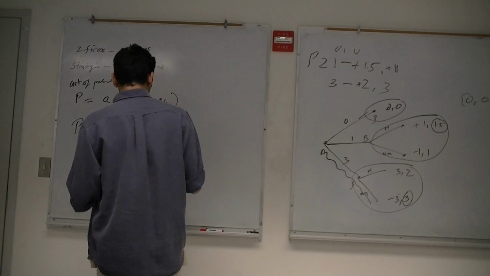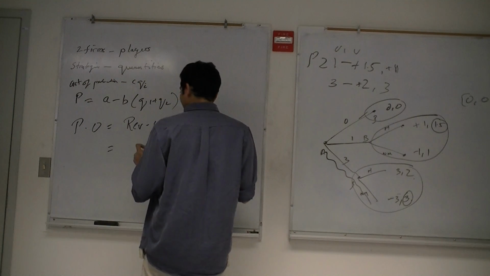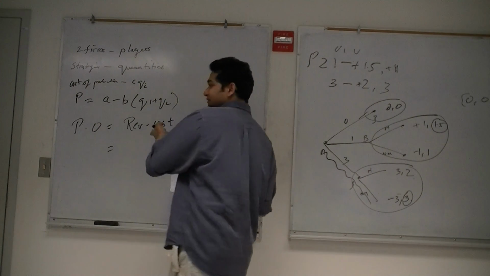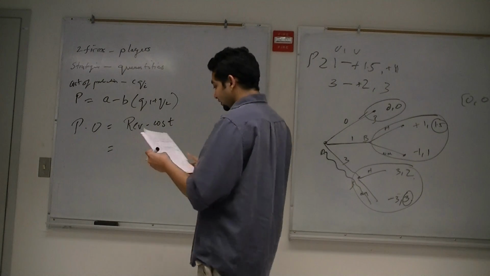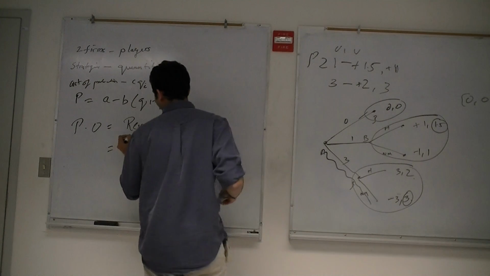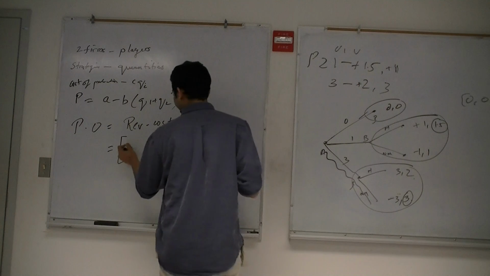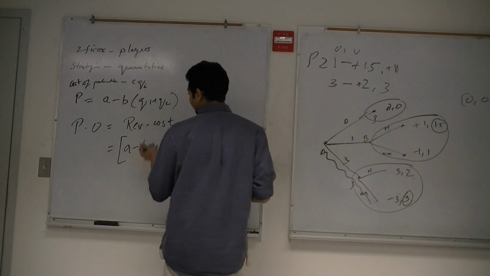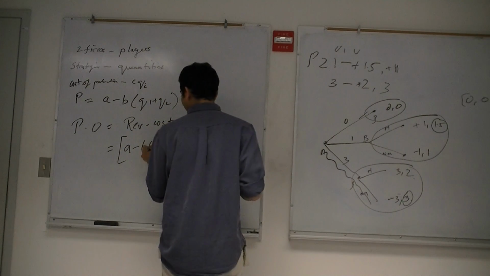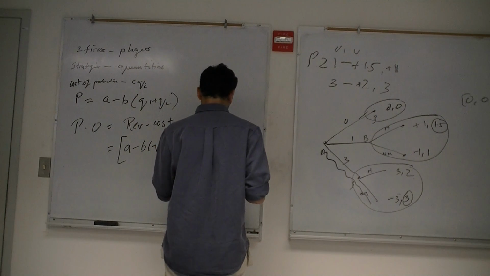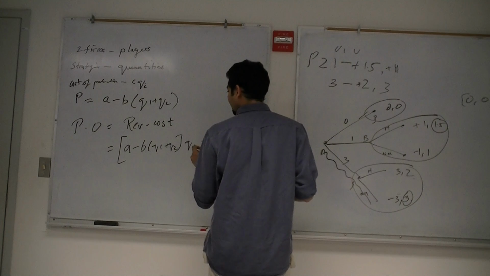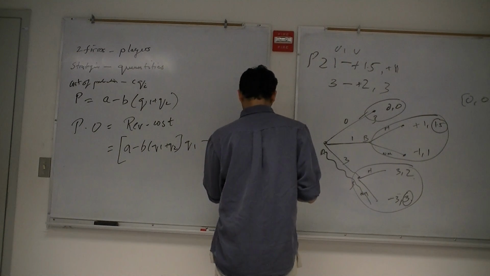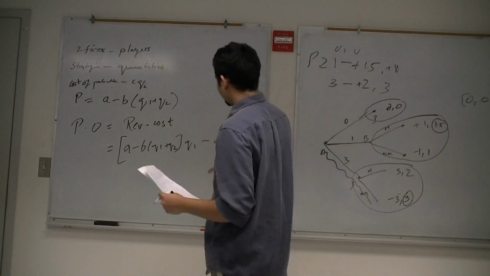So the payoffs are the revenue minus cost, the amount of profit they make. The revenue is the price times the quantity, minus cq1.